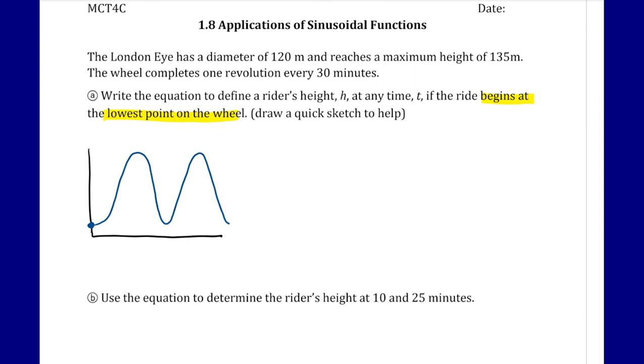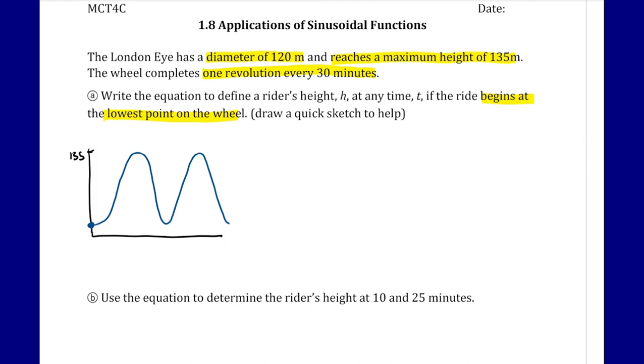So let's go back through our situation and try to place some of these values. We know it has a diameter of 120 meters. It reaches a maximum height of 135 meters, and it completes one revolution every 30 minutes. Well, the first thing I can do is put a value of 135 at the top because that's my maximum height.